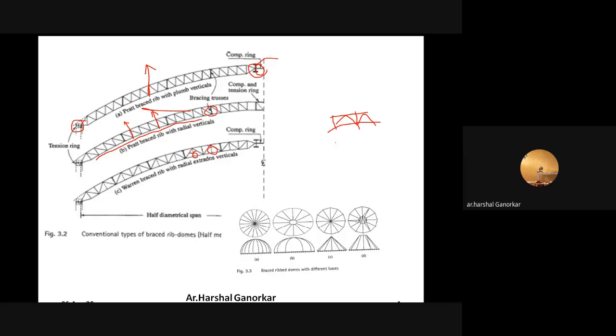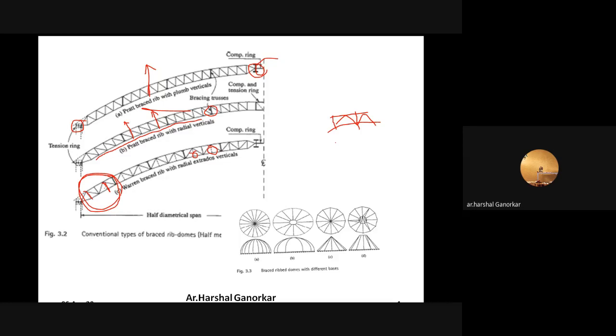And in the third, this is the lower chord of this rib. So why is this called a rib? Just because it is made out of these ribs. So ribs are nothing but a truss. And this is the lower chord without vertical support or without vertical member. So that is the third type, the lower chord of the rib without verticals.